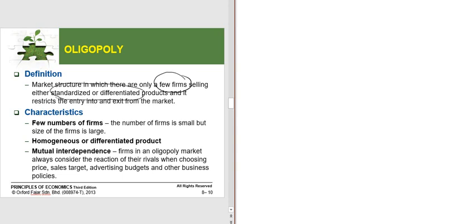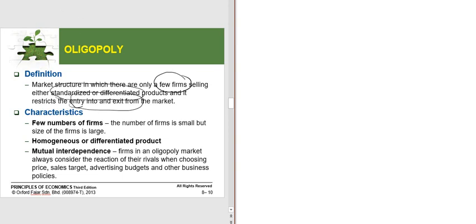Their products can be differentiated, or the characteristics of their products can be very close to each other, not really identical, but very close. And there is a little bit of restriction in terms of entry and exit from the market, so there are a little bit of barriers here. I'm going to focus on the details of the characteristics later on.